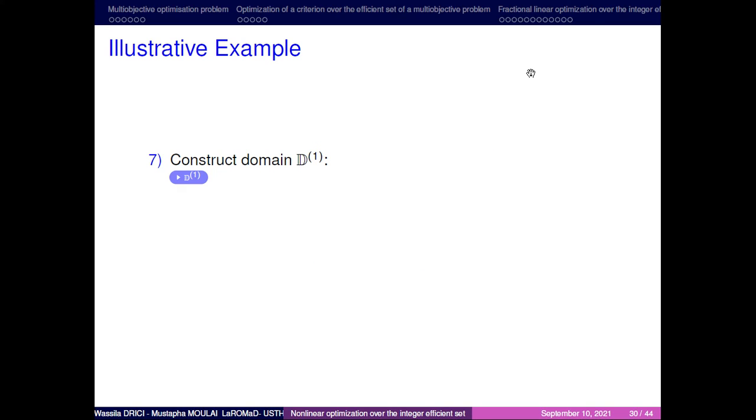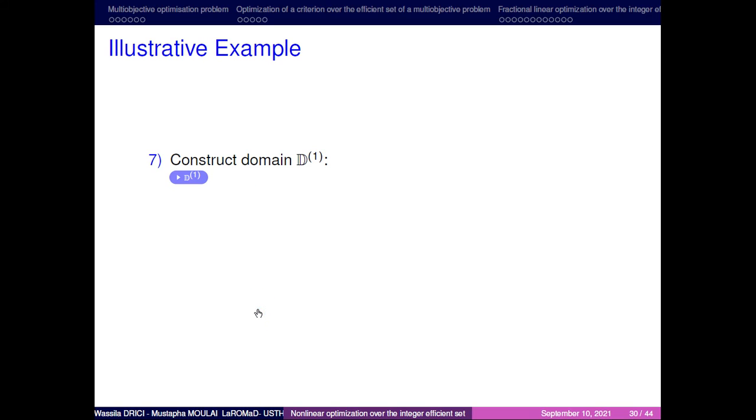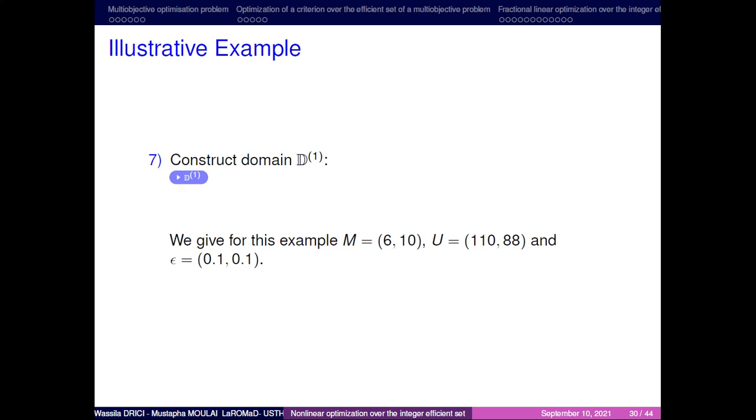Now we construct the set D1 as we have shown previously. We give for this example M1 equal to 6 and M2 equal to 10, U equal to (110, 88), and epsilon equal to (0.1, 0.1).